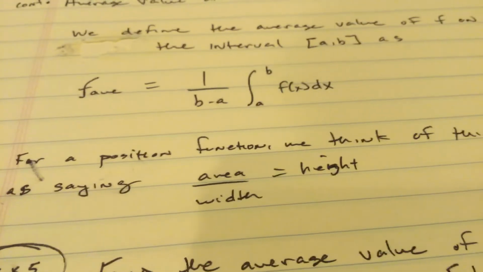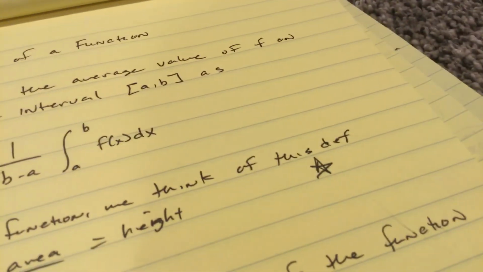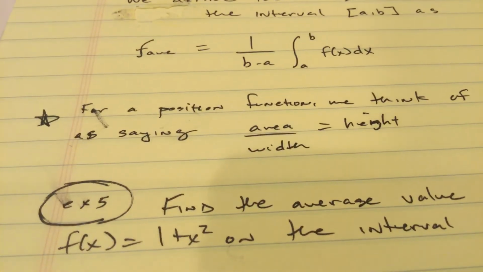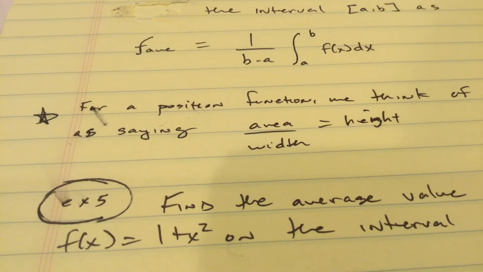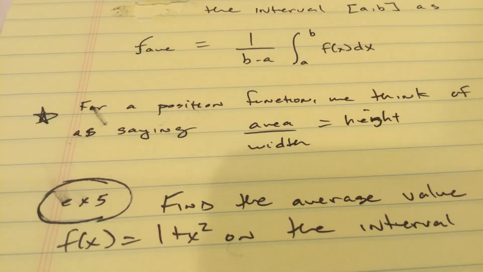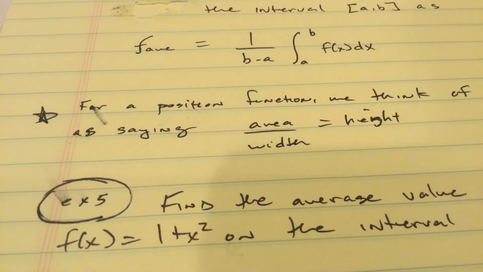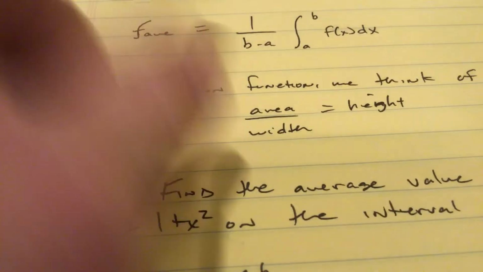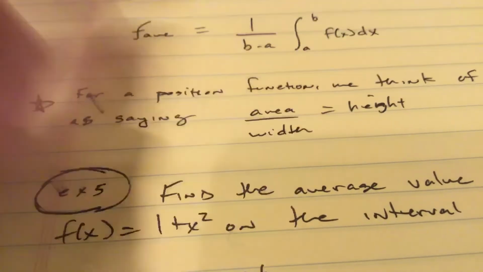So for a positive function, we think of this definition as saying that the height is simply the area divided by the width. The area divided by the width.